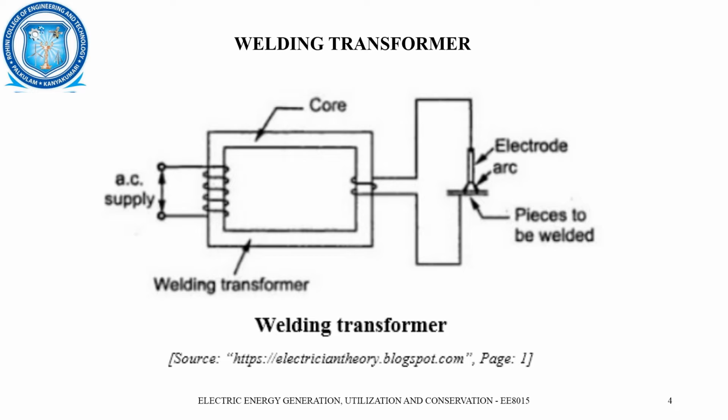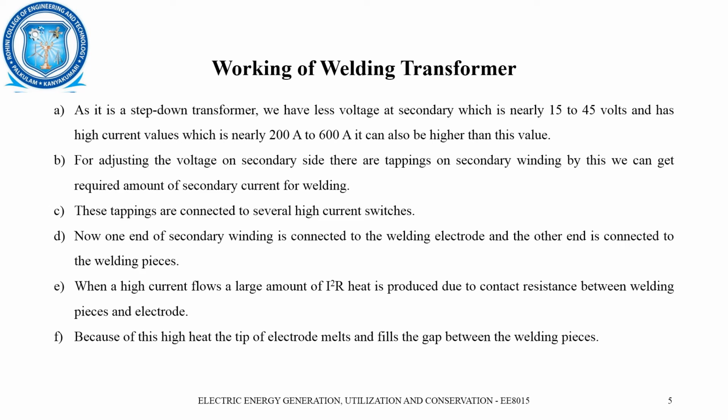Because of this high heat, the tip of the electrode will melt properly and weld the exact part which has been concentrated on, and the voltage is nearly 15 to 45.